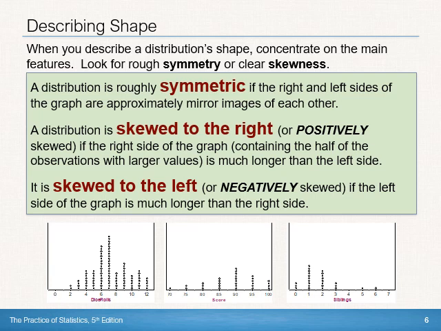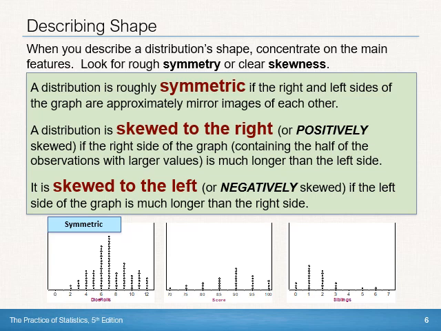Okay, so the first one, now again, it's not perfectly symmetrical, it's not a mirrored image, but it's fairly symmetric. All right, the next one, the one in the middle, the tail goes to the left. So this is skewed left or negatively skewed. There are going to be times when using left and right skew as a description is going to be a little confusing, so you might get used to saying negatively skewed.